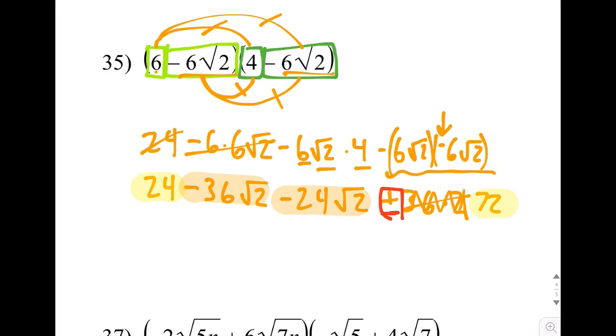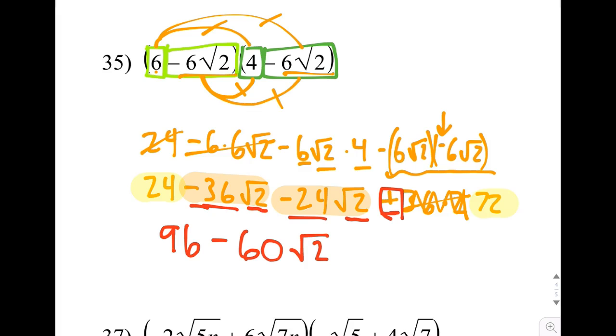So 24 plus 72 would be 96. And then over here, these are both root 2's, so you can add these numbers as well. You have a negative 36 and a negative 24, which add up to negative 60 square root of 2. The root 2 comes along just like as if it were an x.